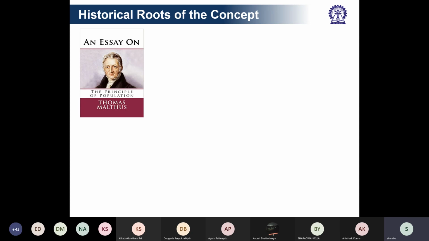He also wrote that population, when unchecked, increases in a geometrical ratio and subsistence for man in an arithmetical ratio. Okay. Now, with technical advancement, whatever he said was proven wrong.